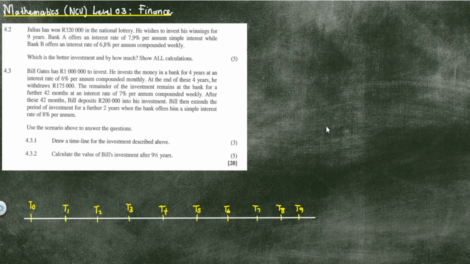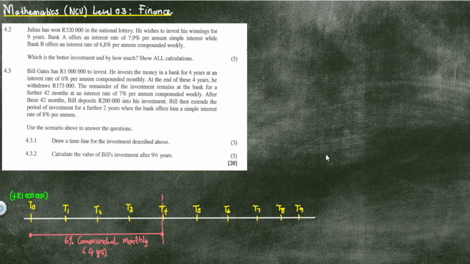All right, so what happened initially was he invested what? 1 million rand. So that's the investment he's making. 1 million rand investment at T0. And then it further states that he invests the money in a bank for 4 years at an interest rate of 6% per annum compounded monthly.